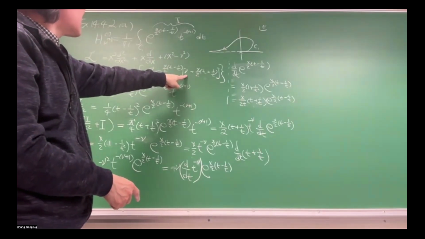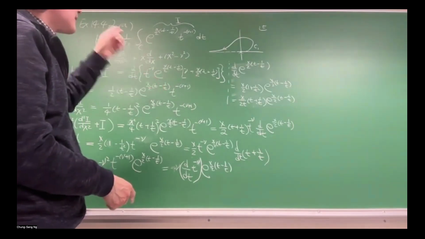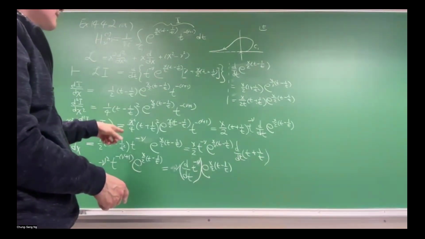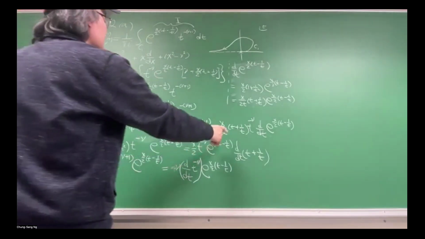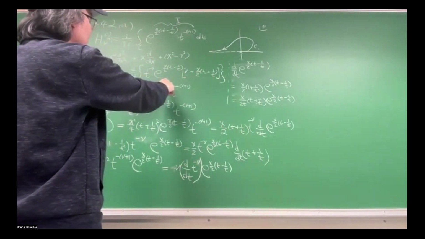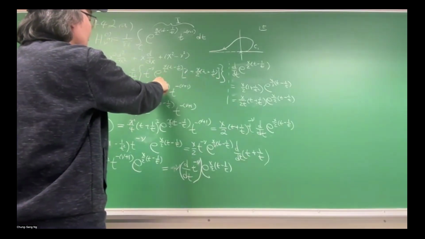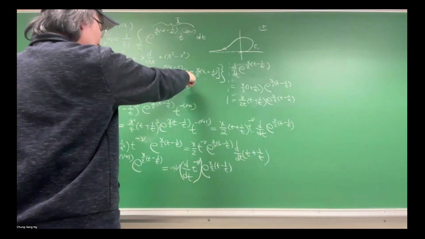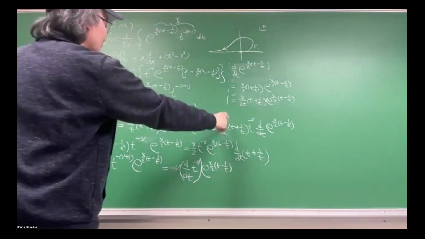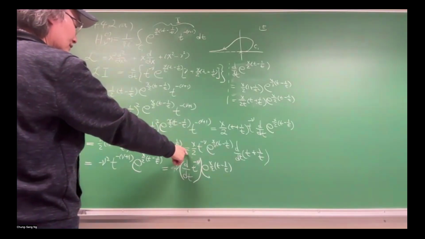So we still need this one. We still need to take a derivative of this multiplied by nu, right? Nu t. This one we don't have.